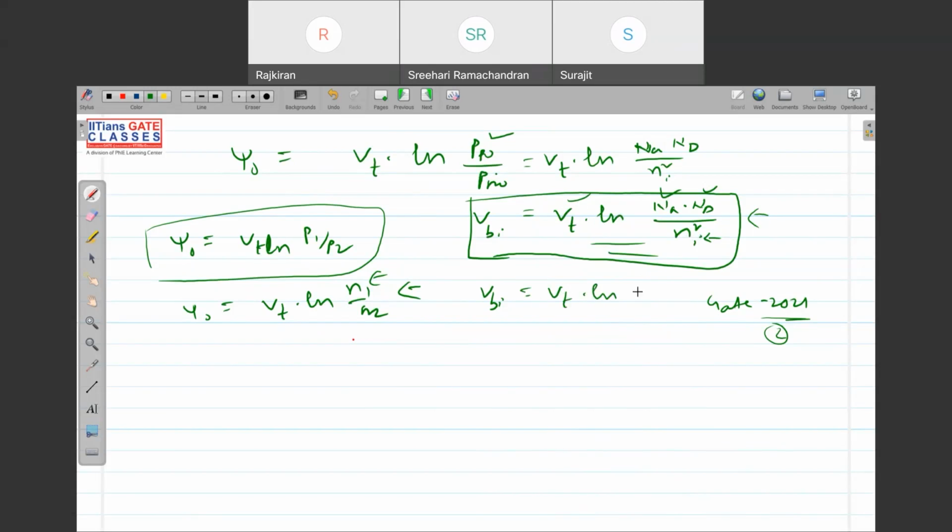VT ln, suppose NA and ND are constant, K1. Ni square is a constant K2 into exponential of minus Eg by 2KT. So K1 by K2 plus Eg by 2KT. In the K2 portion there is also a T term, so T power 3 by 2.